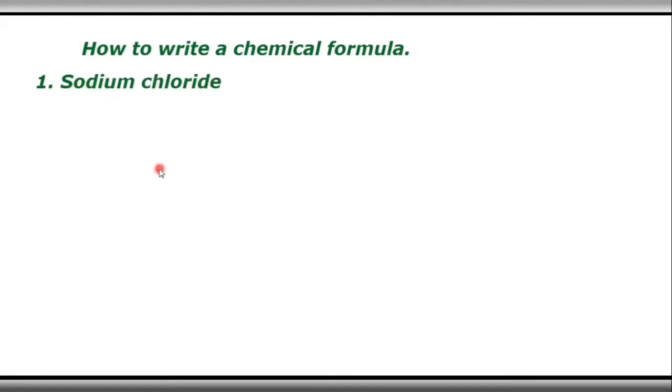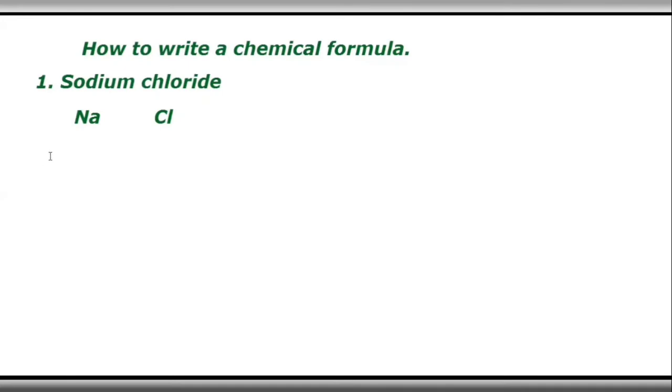So we should know the symbols for sodium and for chlorine. For sodium, the symbol is Na, and for chlorine, the symbol is Cl. Actually, chloride means chlorine only. So these are the two symbols of the constituent elements.